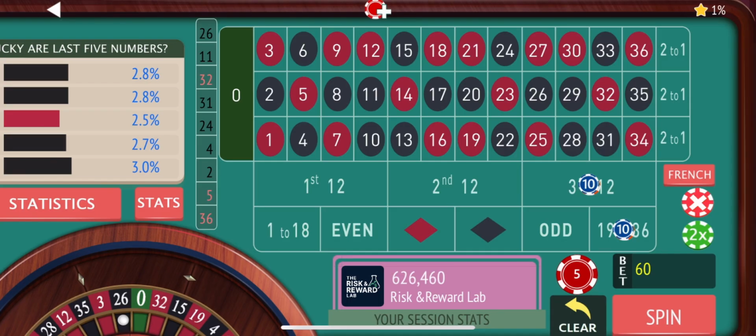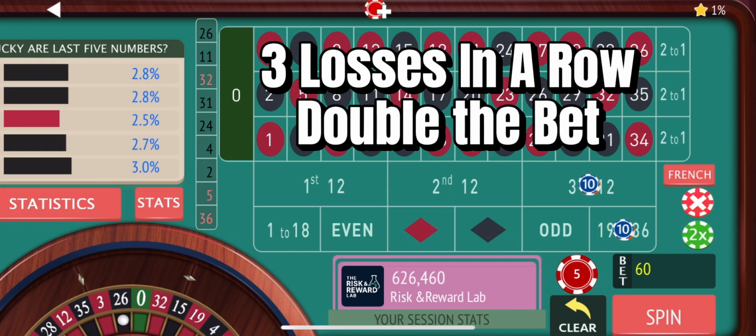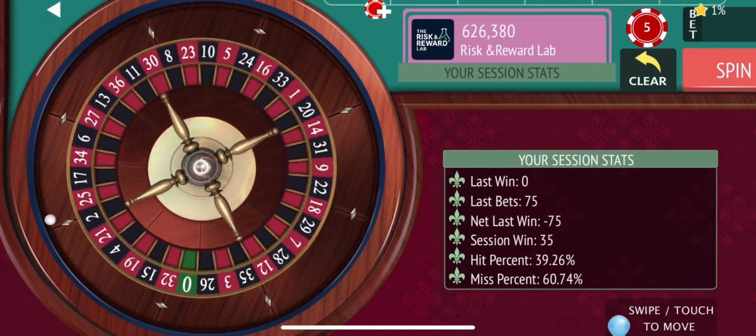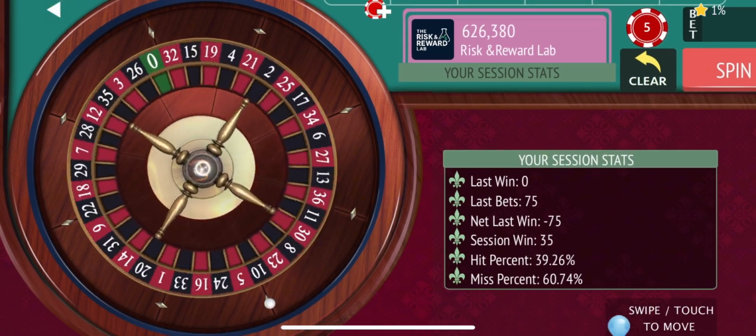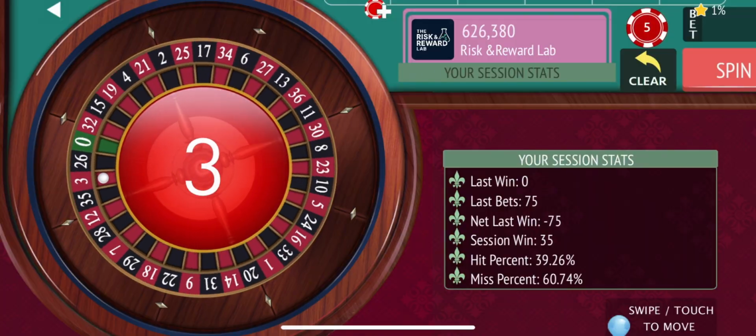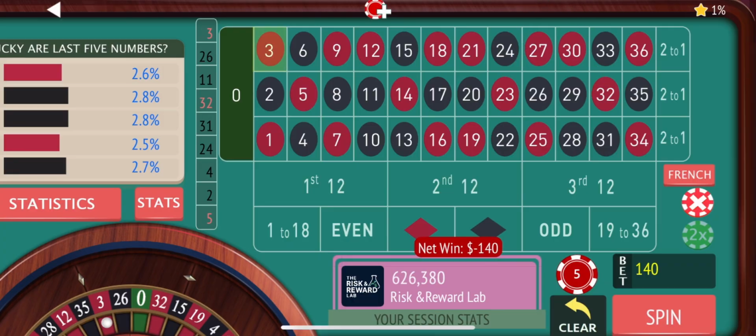And what we're seeing is alternating dozens is creating the losses. So unlike the original version where repeating dozens created a long string of losses, in this enhanced version, it's when they alternate. We just doubled the bet at level 3 and lost, and now lost another bet.